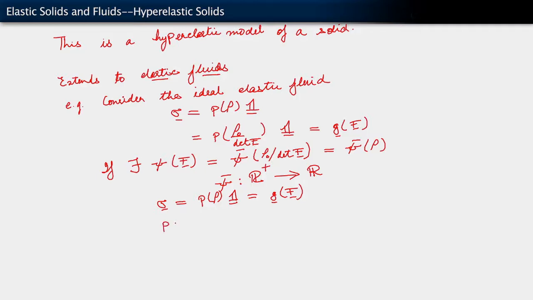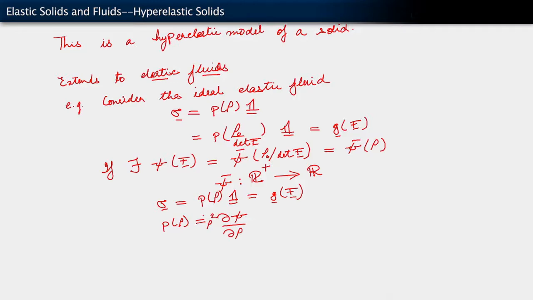P as a function of rho is equal to partial of psi times rho square.